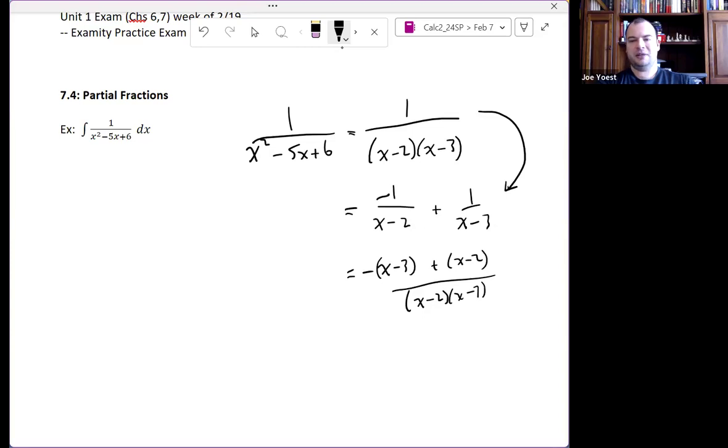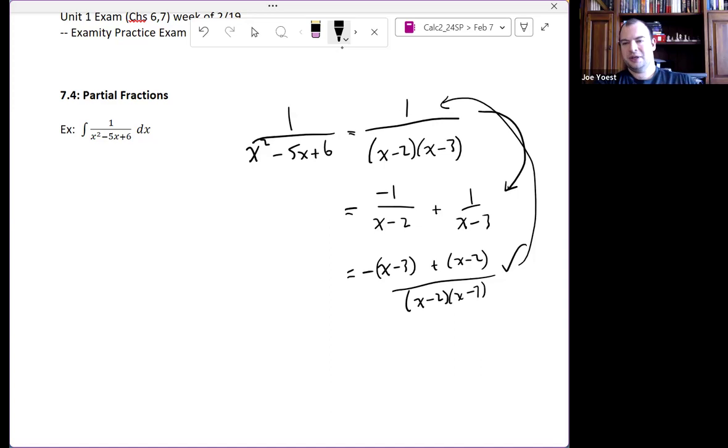So if I made this a negative 1, then these would all be true statements, right? So this gets to the point where I have negative x plus x, they go away, plus 3 minus 2. I've recovered my initial fraction.